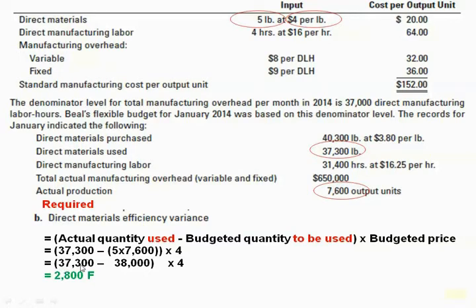So 37,300 minus 38,000, all multiplied by 4, equals $2,800 favorable variance.